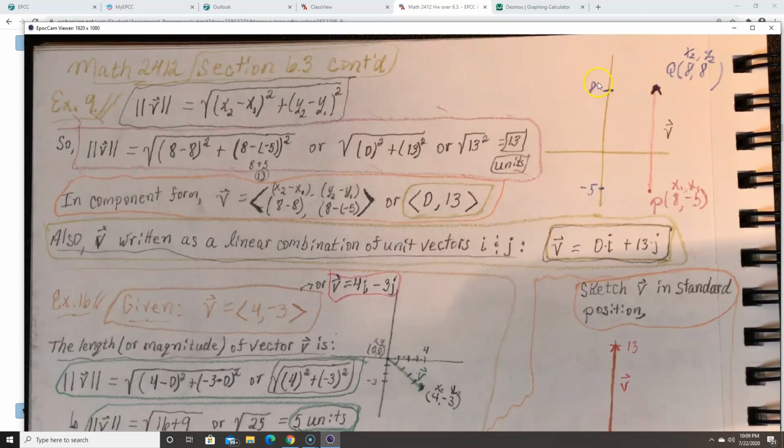Here's the x-axis, the y-axis, and here is the directed line segment PQ, or we can also call it, as the author did, just vector V. If they call it vector V only, and you would like to label it as P initial point, Q as terminal point, well then please do so. Nothing wrong with it. It's equivalent.